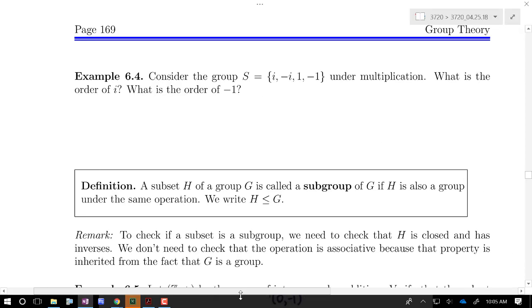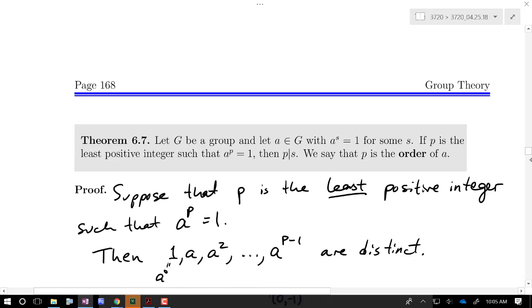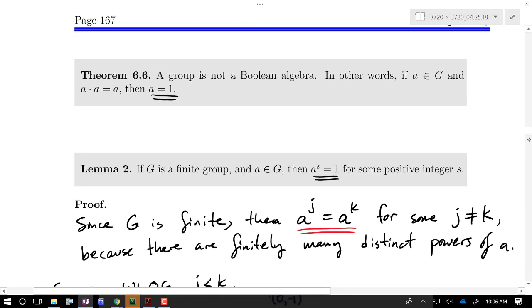Okay. We had been talking about a bunch of things, but one of these, the very last thing that we talked about, was that in a finite group there would be some power we could raise any element a to get the identity element.